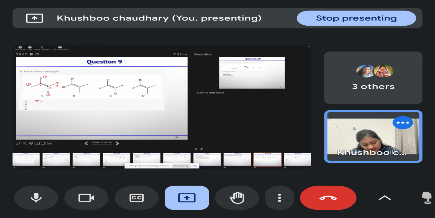So this is Z-1-bromo-1-chloropropene. Correct? Yes, ma'am. Then second: bromine 1, chlorine 2, methyl 1, hydrogen 2. This is E. E-1-bromo-1-chloropropene.